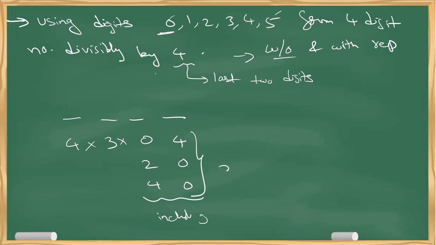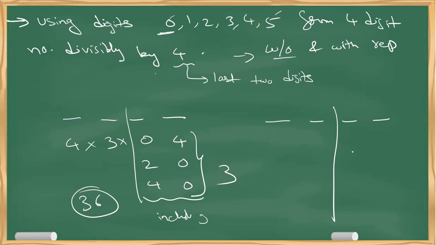So 4 into 3 into 3 is 36. Now excluding 0, how many will I get? Start with 1: 12. Next 24. Next 32. Next 52. These don't include 0.